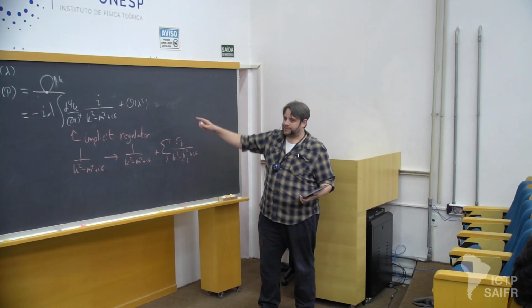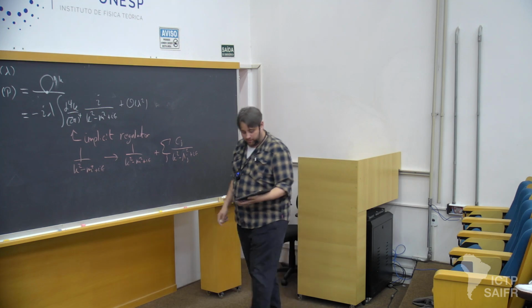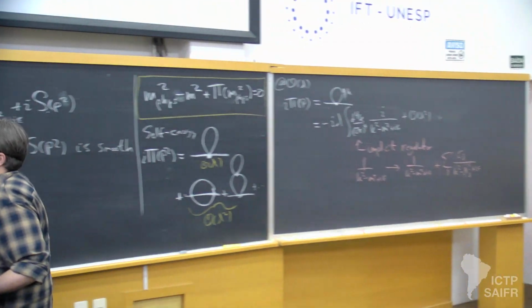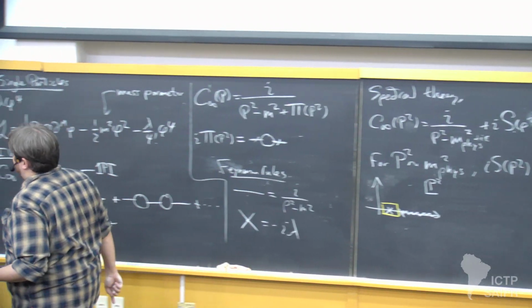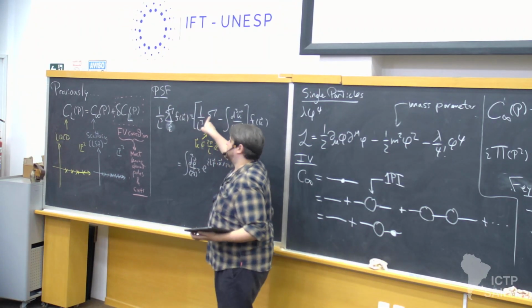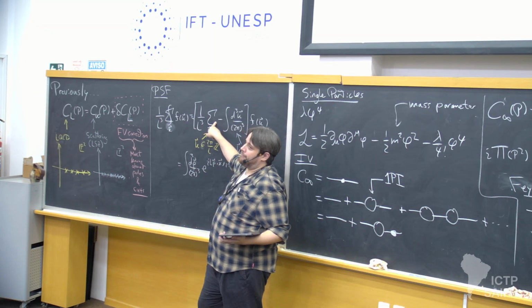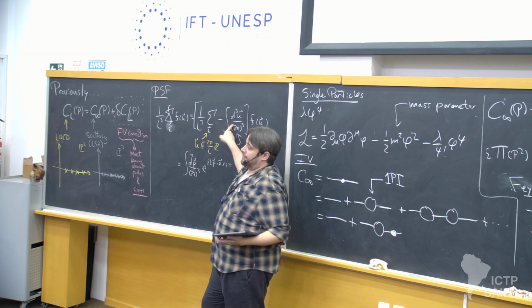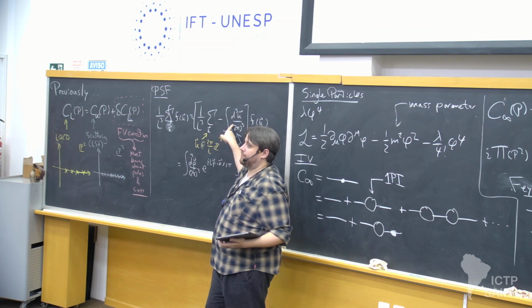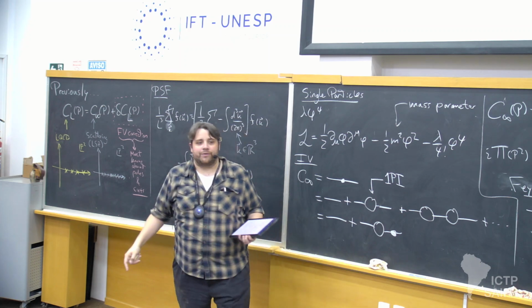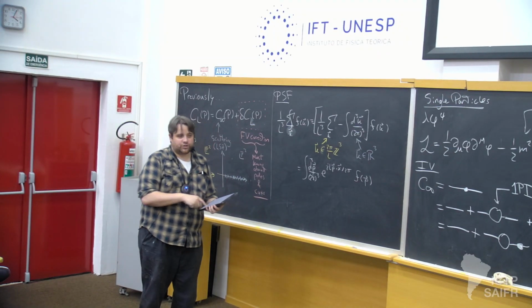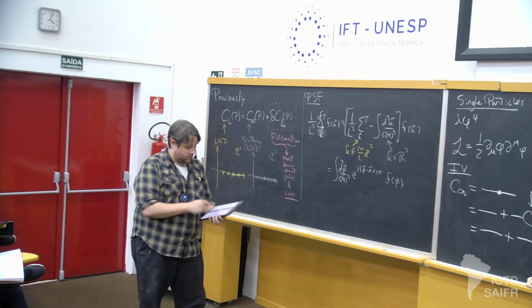You could do all this and then everything that follows should work out. One of the reasons why I won't do this is because when we write the finite volume version out, you're going to have the exact same structure in here, and it's also going to be UV divergent. So I'm going to have a UV divergence here and a UV divergence here, but they're going to cancel out. So the correction is going to be independent of this UV regulator. That's one of the reasons why I don't want to deal with it explicitly, because it doesn't change the physics that we're after.